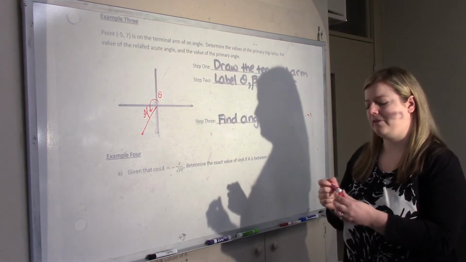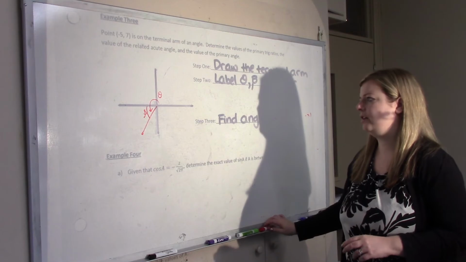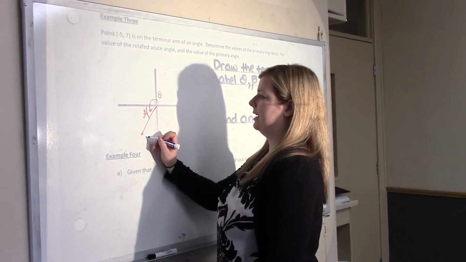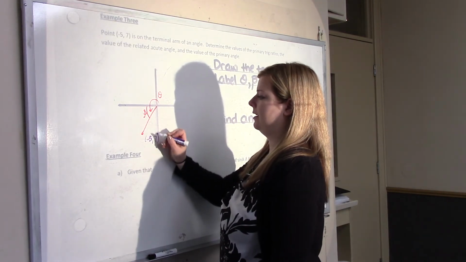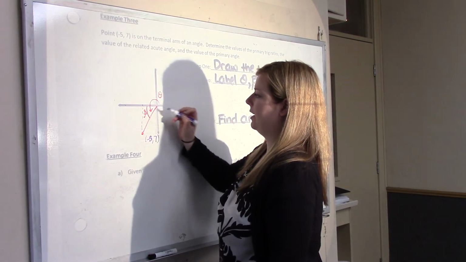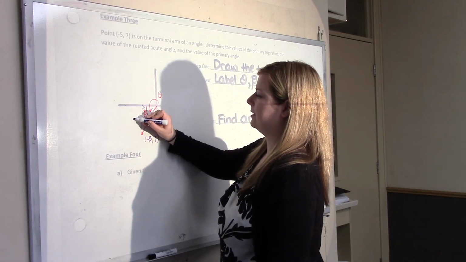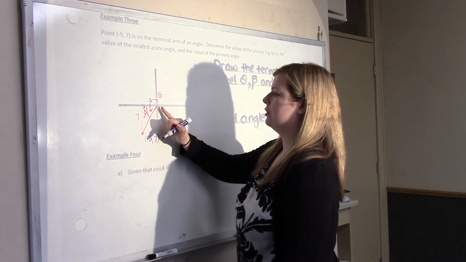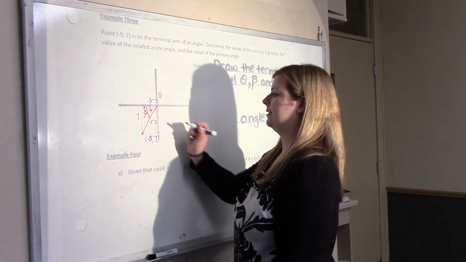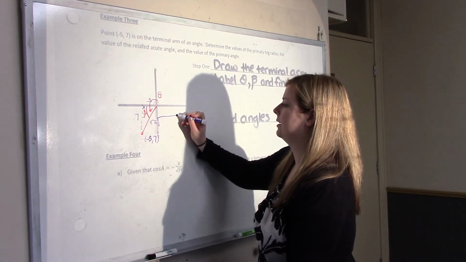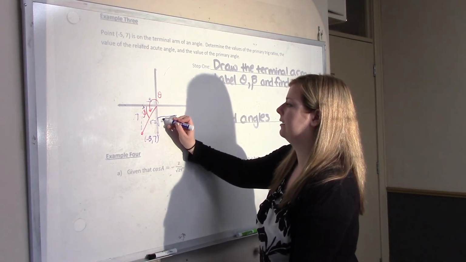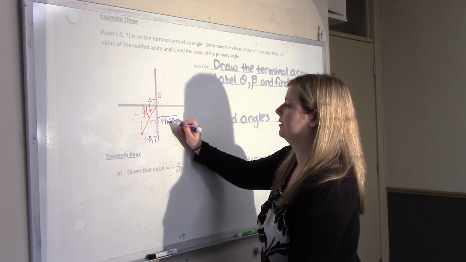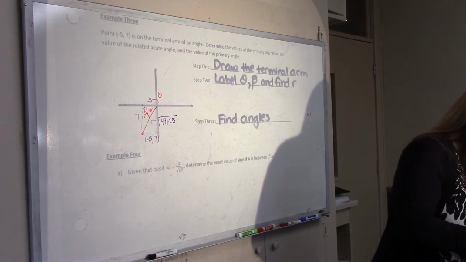Remember, you don't ever show a direction on beta, it's just an acute angle, but you do show a direction on theta. We know this point is negative 5, 7. We can draw the right triangle here. So this is negative 5, and this is 7. So we need to find how long r is.